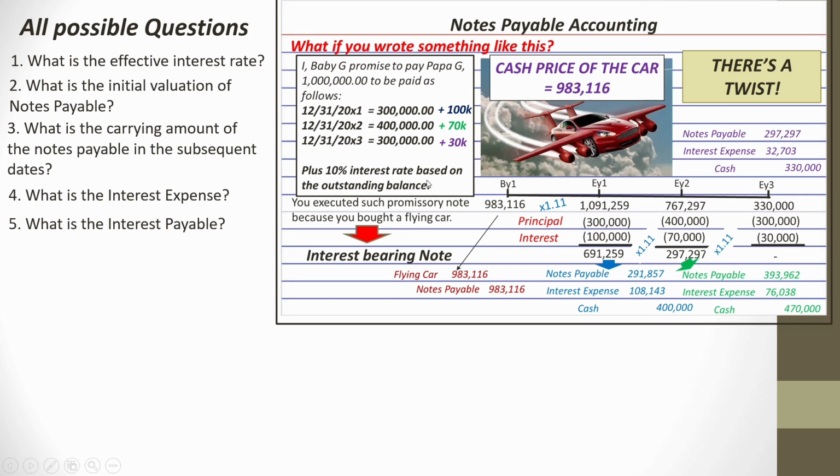Okay? In short, if you only agreed to pay principal like these amounts, like in the case of non-interest bearing notes, there will be no interest payable.